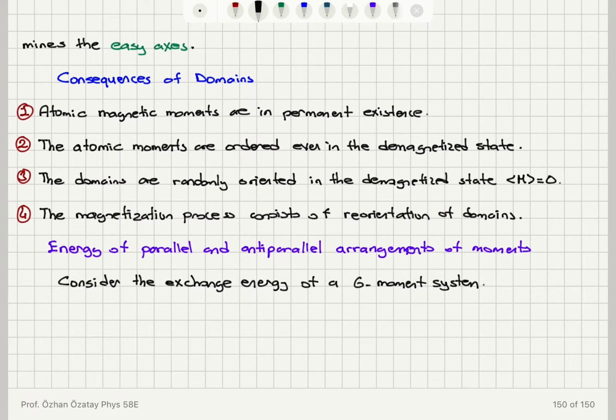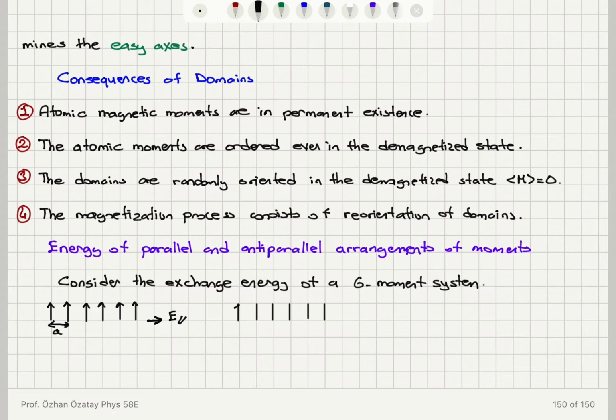Now we have 2 possible configurations we're looking at. So let's say that these 6 moments are pointing in the same direction. The distance between the moments I call a, of the order of the lattice spacing, and the corresponding energy to this configuration will be the exchange energy in the parallel configuration. And I have another scenario where the 3rd moment is pointing anti-parallel to the others.